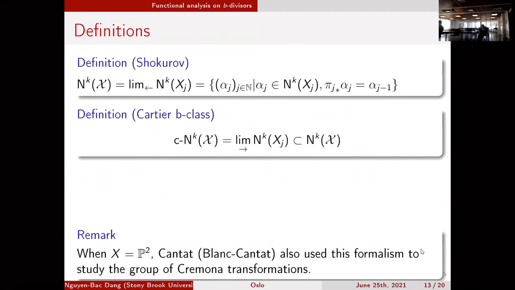Why cannot? Because you just define some limit, right? But then I don't know how to check functoriality to define the pullback, for example. Maybe the pullback will be more complicated.